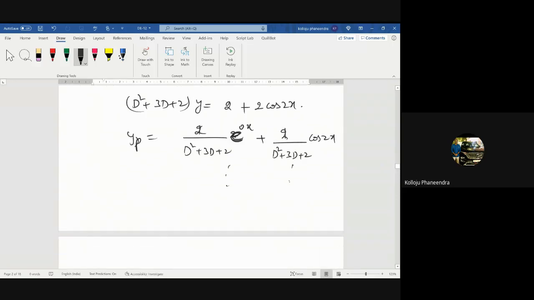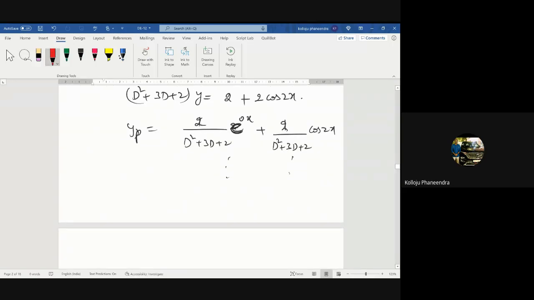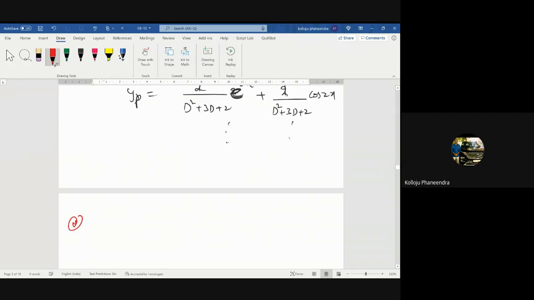Another one is D cube minus 5D square plus 7D minus 3 into y equal to e to the power of 2x into cosine hx. You try this.